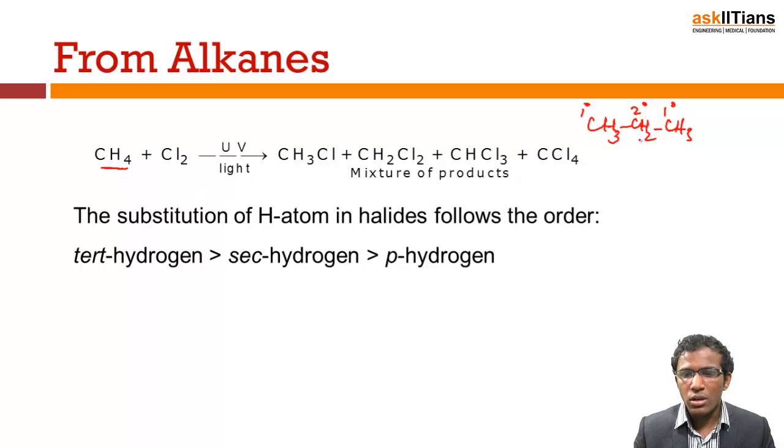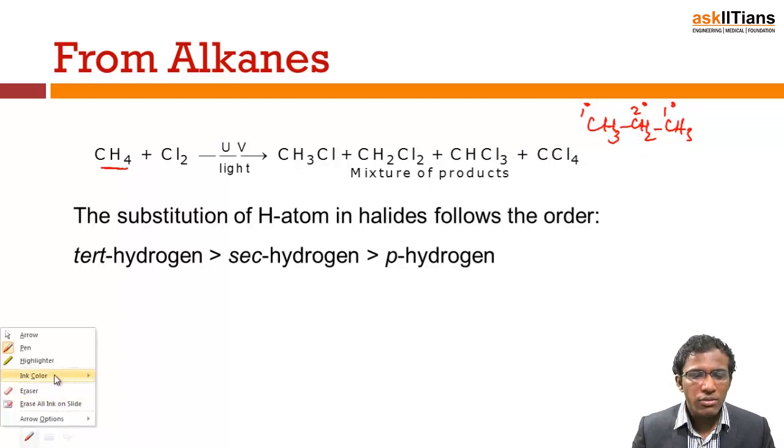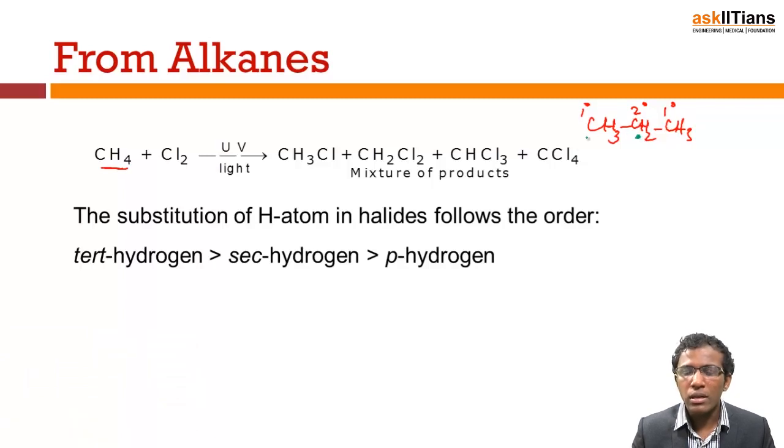If the hydrogen in the middle is lost by homolytic fission, you will get a secondary free radical, which is more stable than primary, and tertiary is even more stable than secondary. So the tertiary hydrogen is replaced first, then secondary, and last primary. I will get tertiary as the major product and primary as the least product.